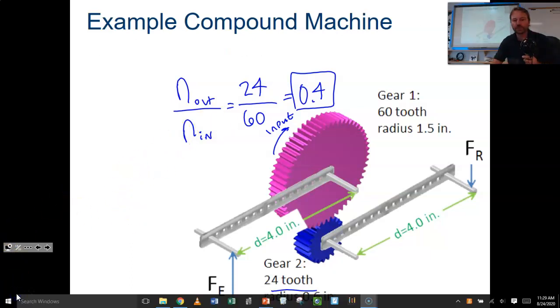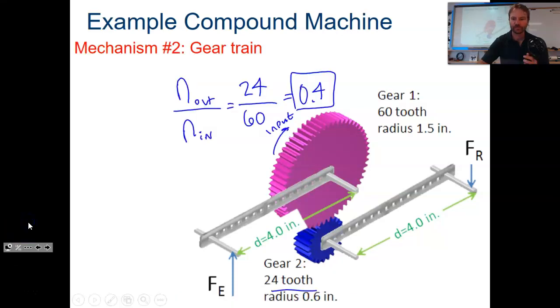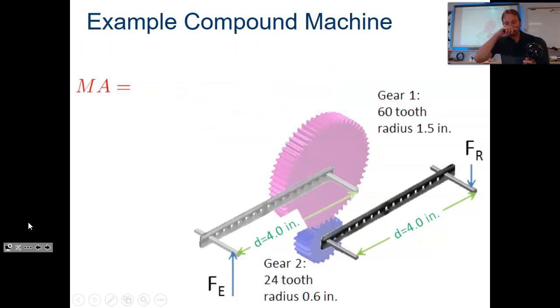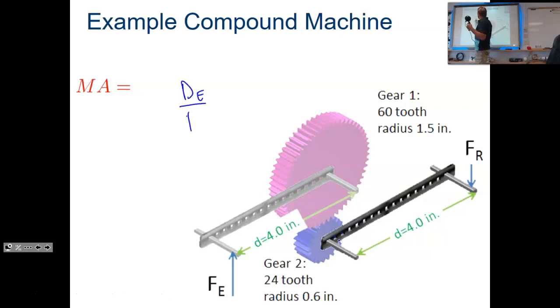And now we're going to do the third simple machine here, and that's going to be another wheel and axle. So remember, I'm a deer: the distance exerted over the distance of resistance.